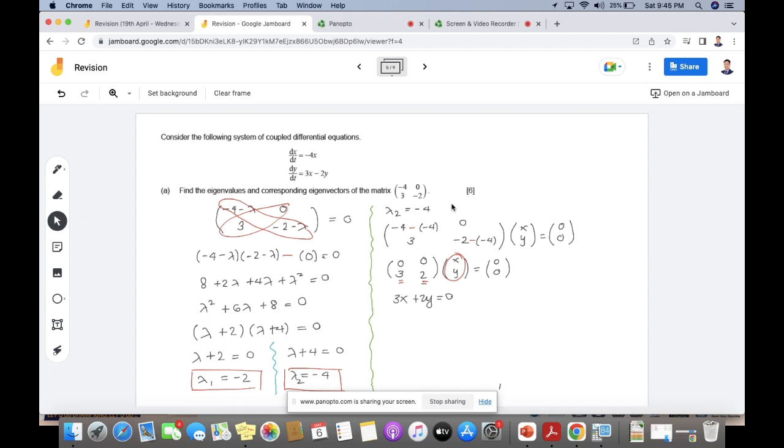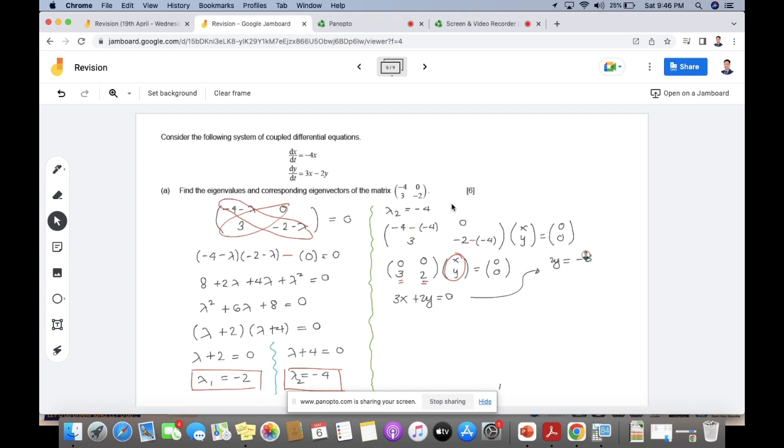We have to assume a certain x value and solve for the y. Remember that our x is the independent variable. So I can write this as 2y equal to negative 3x.